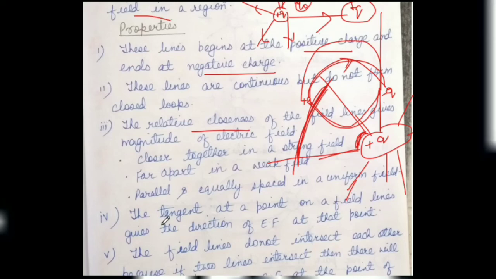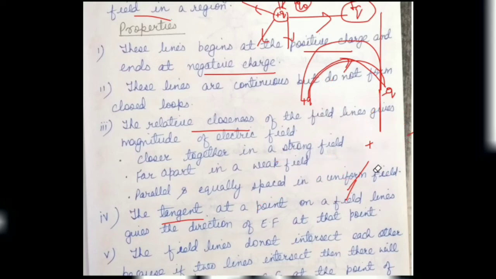Also, the tangent at any point on the field lines gives the direction of electric field. If you want to find the direction at any point, you just draw one tangent at that point. Suppose this is a path followed by the test charge. So the tangent drawn at this point gives the direction of electric field, right?